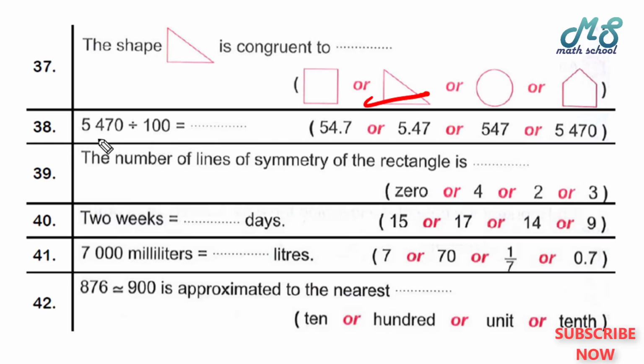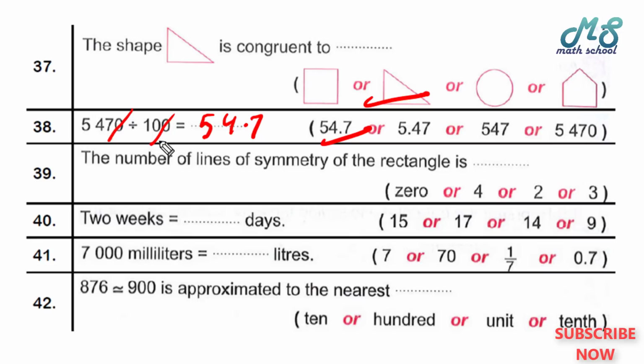Number 38: 5470 divided by 100. You could divide by 10, so you get rid of just one 0. Mister, just insert the decimal point after one digit from the right. So the answer will be 54.7. If you apply the rule of dividing by 100, you will also get it right.